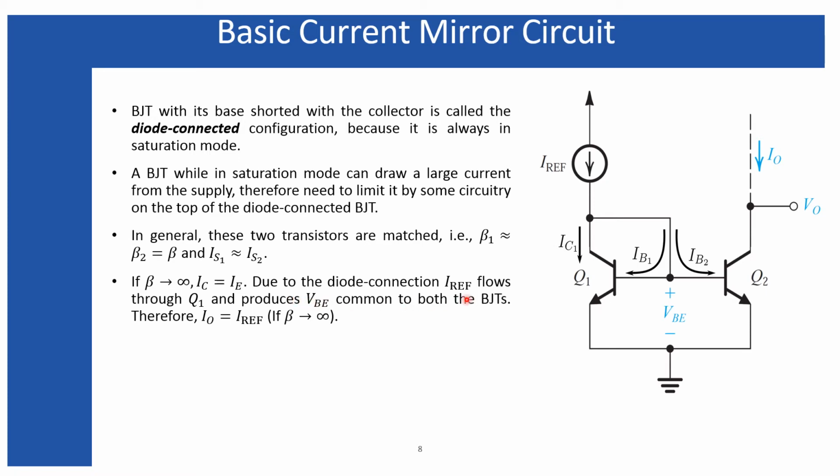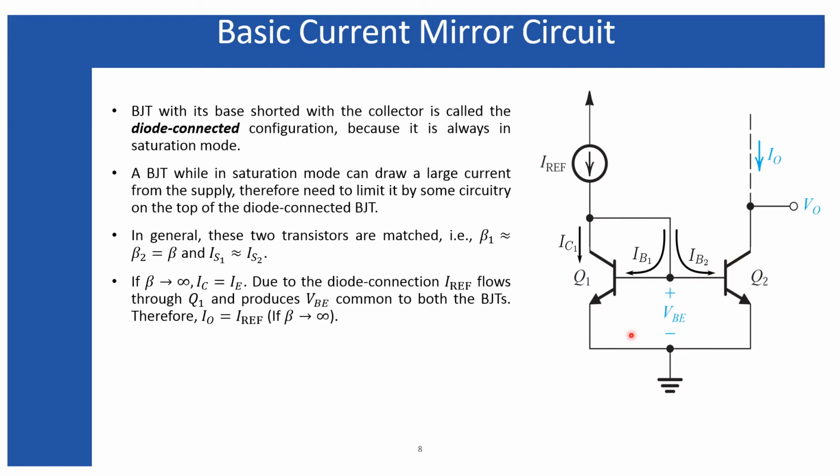Now since this reference current is the collector current of the transistor Q1, and both of these two transistors are sharing the same base to emitter voltage, the collector current of both of these transistors must be equal to each other, because we know from our previous lectures that collector current is approximately equal to Is, the reverse saturation current, times e to the power VBE divided by the thermal voltage Vt.